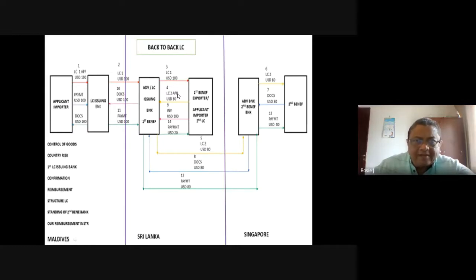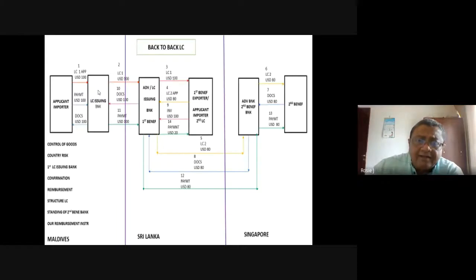Now People's Bank is a bit careful, because if People's Bank issues an LC, that means the Singapore supplier will be working absolutely on the undertaking of the People's Bank. He will not even know about the Maldives, because it is not transferred to Bank of Maldives. So how will the Singapore guy know?